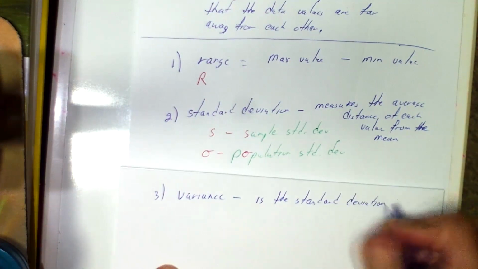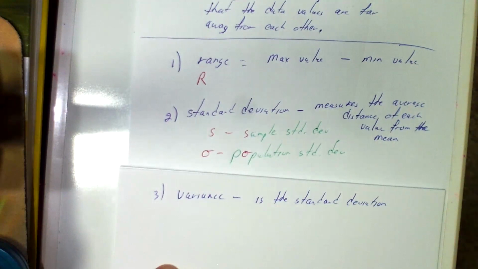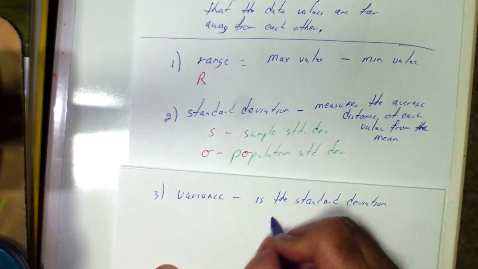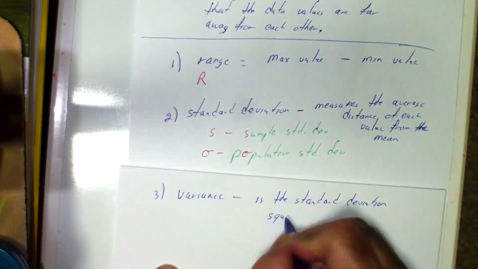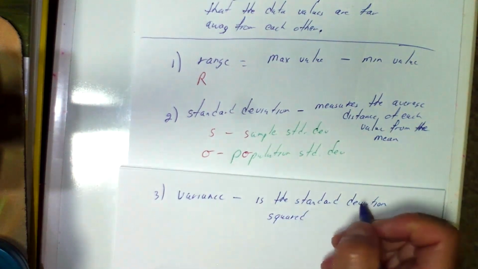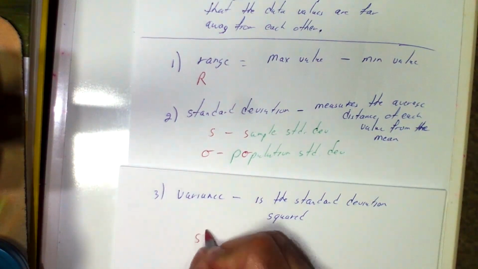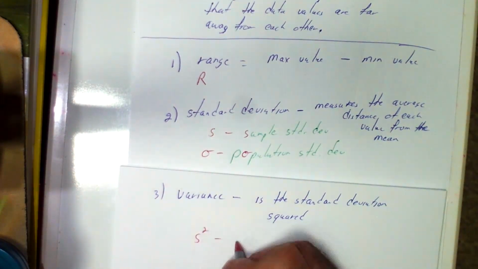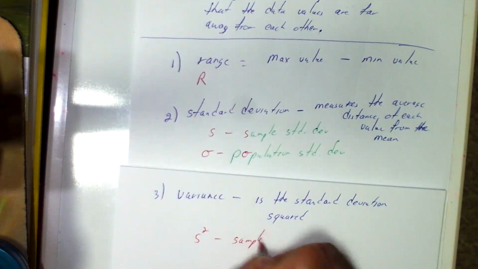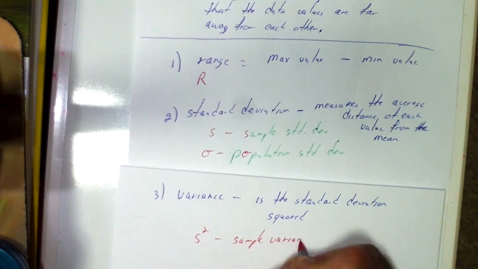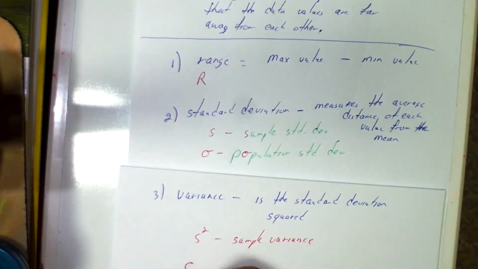It's a corny formula, but that's what it is. Notation: we use s to the second power to represent the sample variance, and we use σ raised to the second power to represent the population variance.